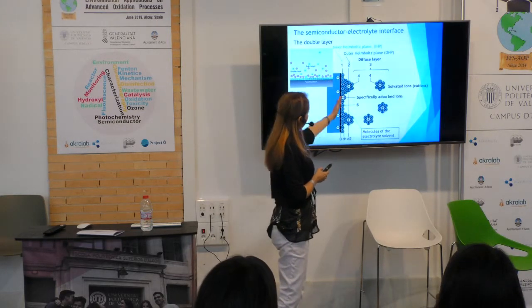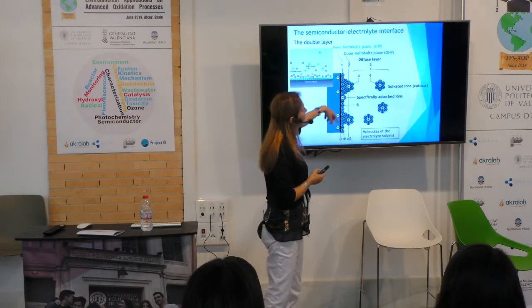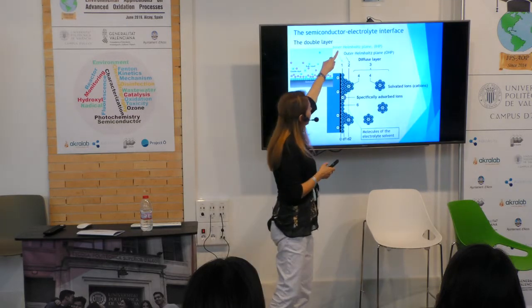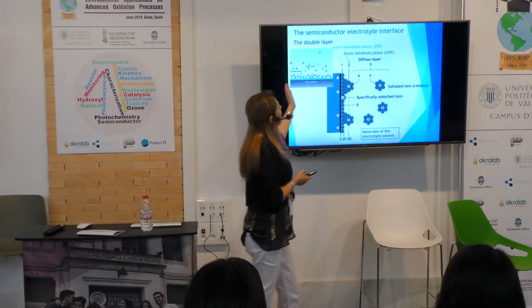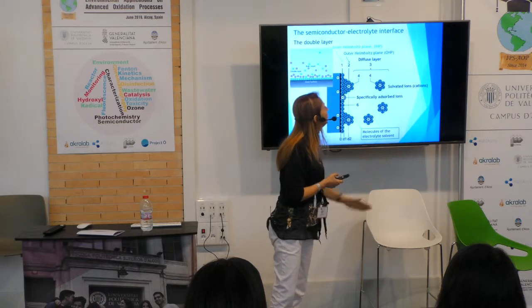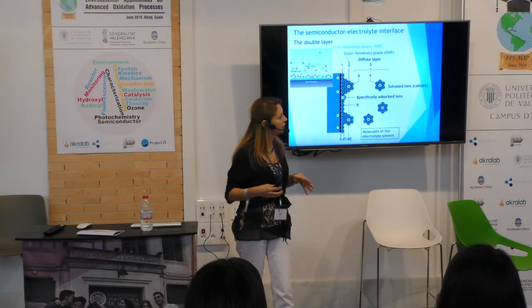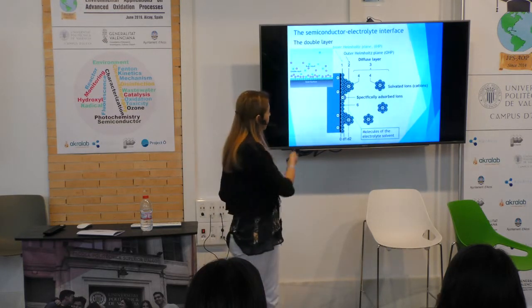We can recognize a first layer called the inner Helmholtz plane, where we have chemisorption of the solvent. Then we have a second layer called the outer Helmholtz plane, where we have physisorption, and then the so-called diffuse layer, where we can recognize our solvated ions, which in this case are cations, as we have a negative surface.